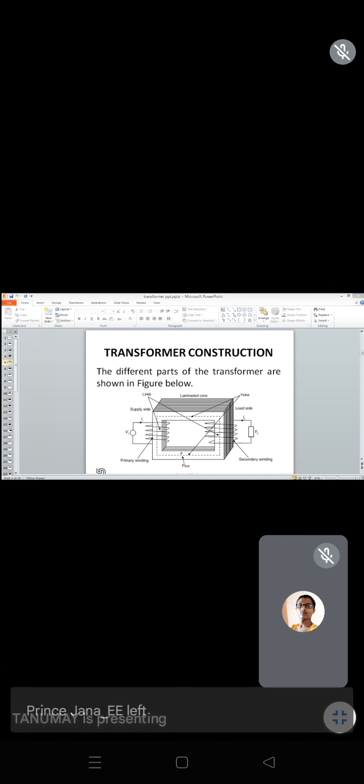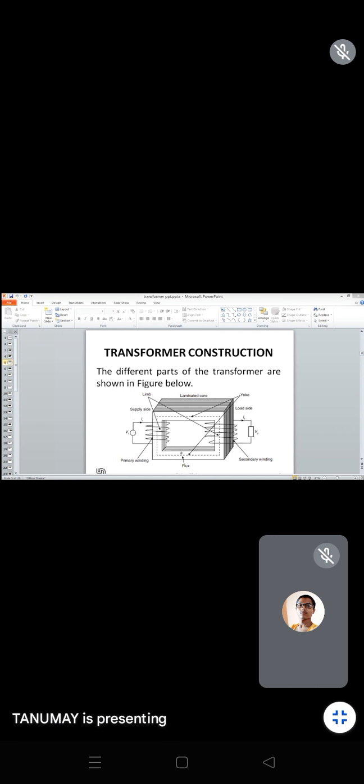And this transformer core is made of ferromagnetic material. Silicon steel is the ferromagnetic material which helps the flow of flux through the transformer core.